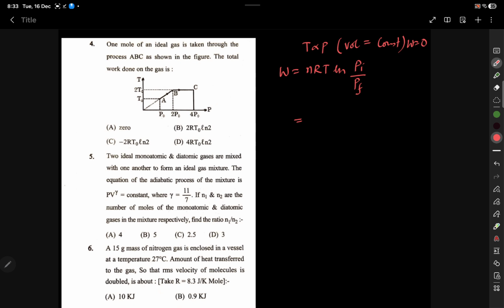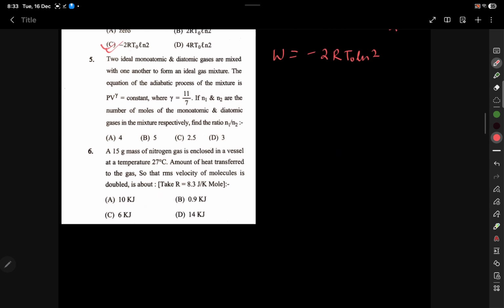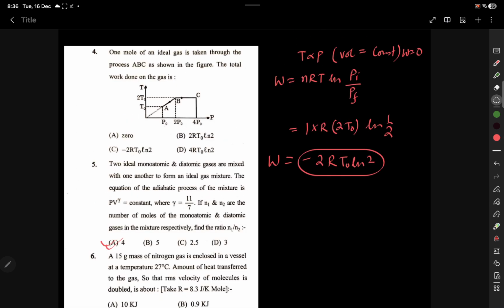So n is how much? n is 1, T is the temperature 2 T naught, ln of P initial is 2 P naught by 4 P naught. So that should be ln 1 by 2, that is minus 2 T naught ln 2 should be your answer. Option C. The answer will be minus 2 T ln 2.